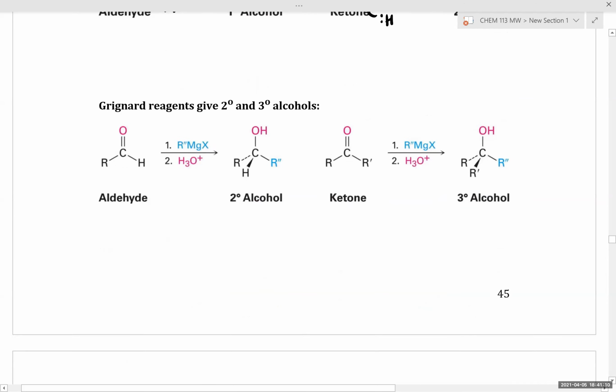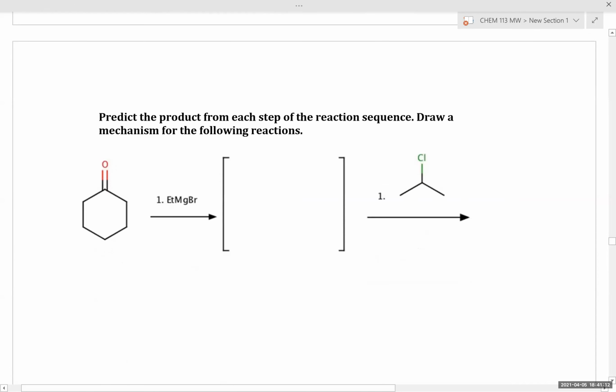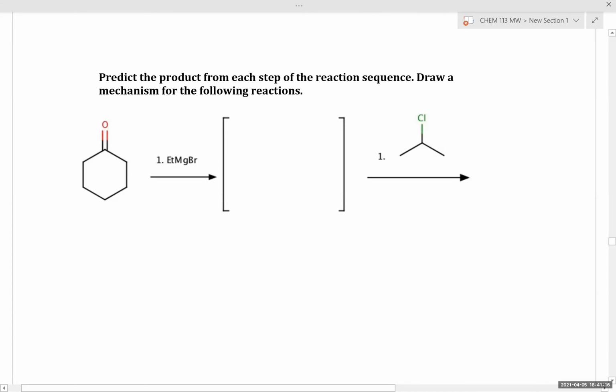Perfect. So, just to make sure that we're comfortable with this mechanism, I'd like us to predict the product from each step of the reaction sequence and draw a mechanism for the following reactions. Just to refresh everyone, when a structure is drawn in brackets, it's generally not isolable. It's like an intermediate.